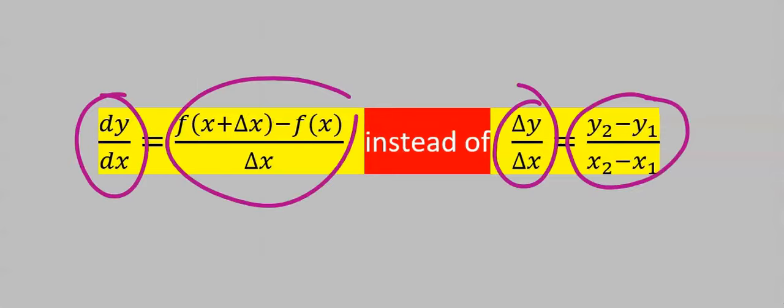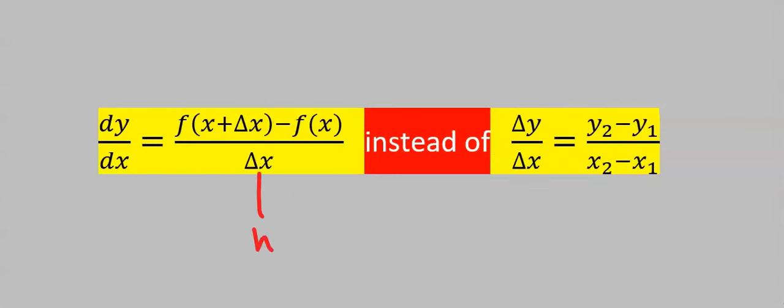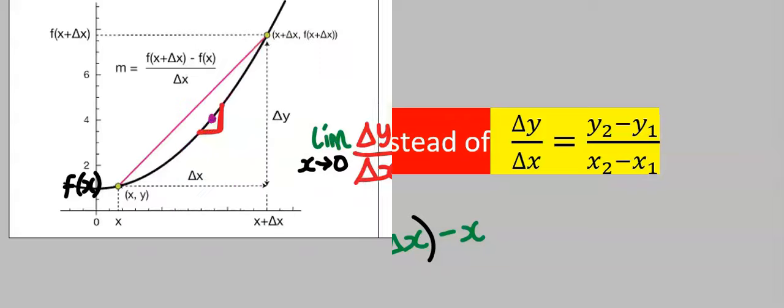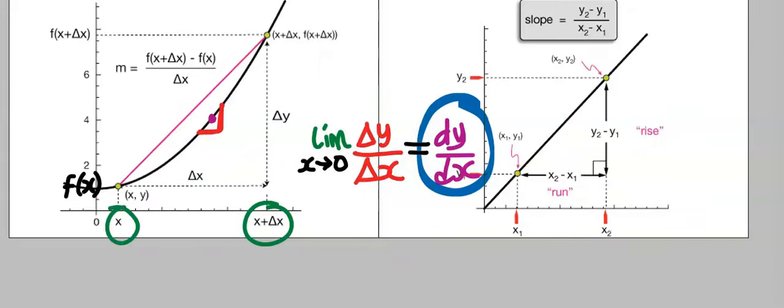Next, this formula. Change in x can be represented as h and also can be represented as x plus h in bracket minus x, or as x plus change in x in bracket minus x. Your lecturer can decide to use any of them, because this minus this is the same as this, which also can be represented as h.